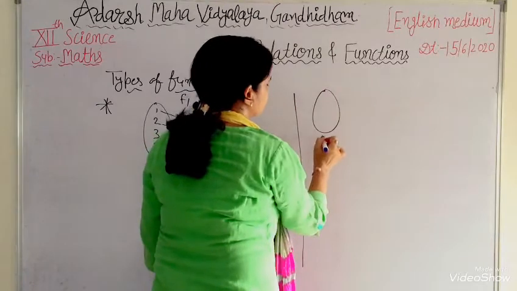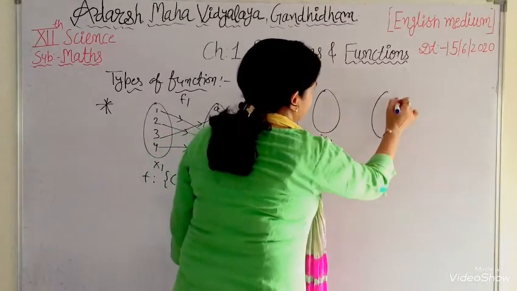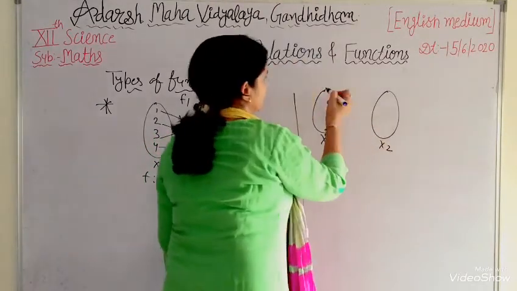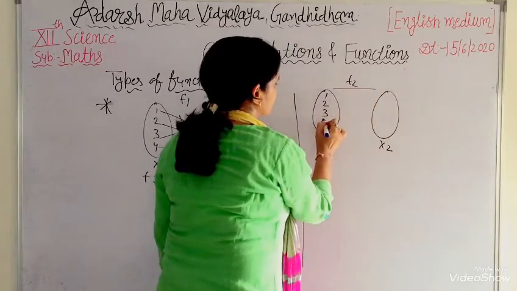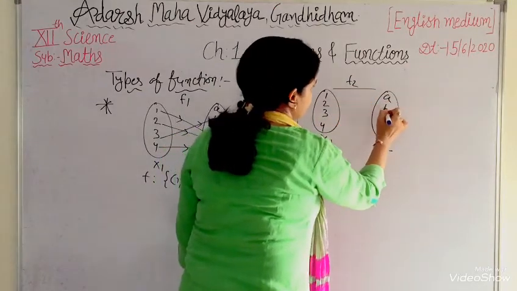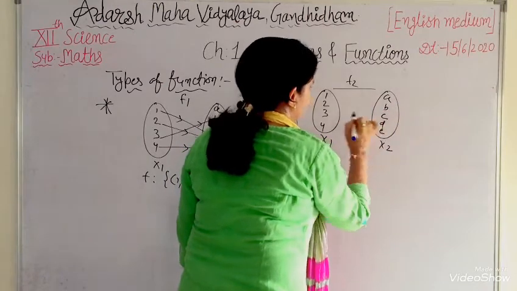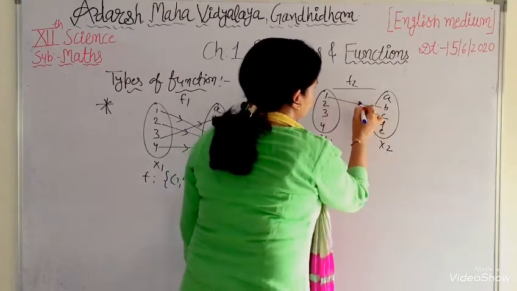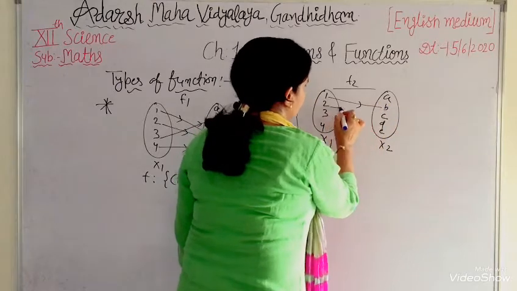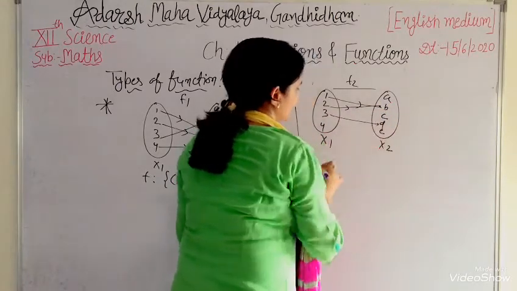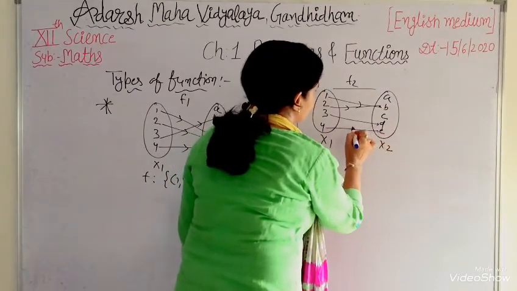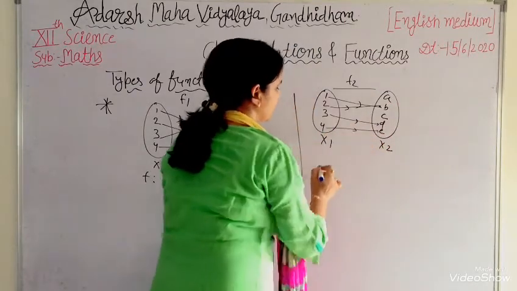Now next, let set X1, it's set X2. Function f2. 1, 2, 3, 4. Here it's A, B, C, D, E. 1 is related to B, 2 is also related to B, 3 is related to D and 4 is related to E, student. Okay.